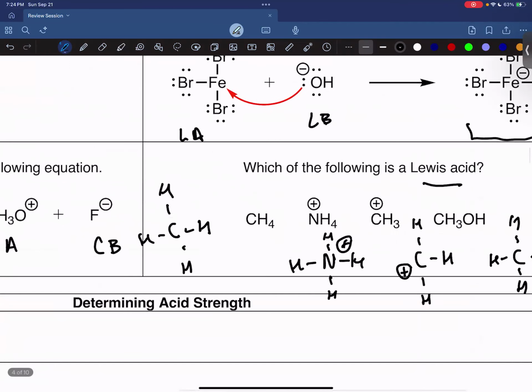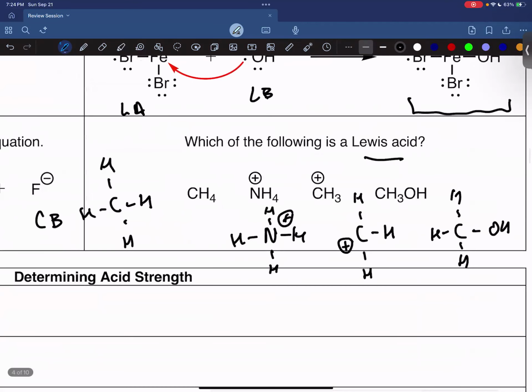Out of these four, starting from methane, CH4, that carbon looks pretty happy as it is. This is the ammonium ion. It has that positive formal charge, but since nitrogen is a little less electronegative than the other electronegative atoms like O and F, it can hold that positive charge decently well. So it's happy as it is.